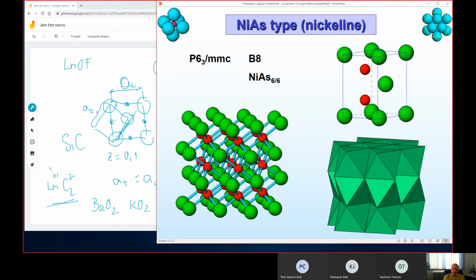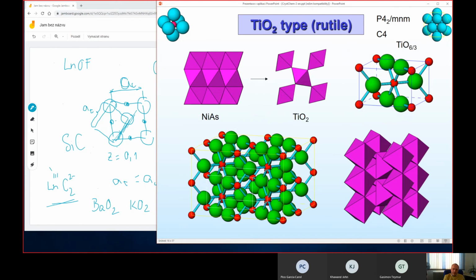But we can also derive the rutile or titanium dioxide structure by leaving out 1/2 of the octahedral positions. So we have only 1/2 of octahedral positions occupied in this pattern.